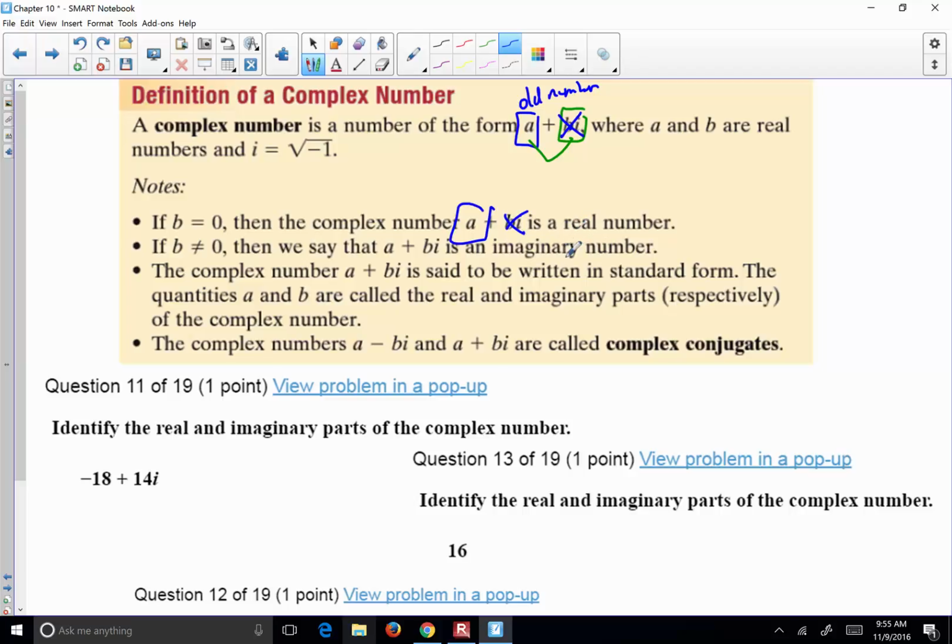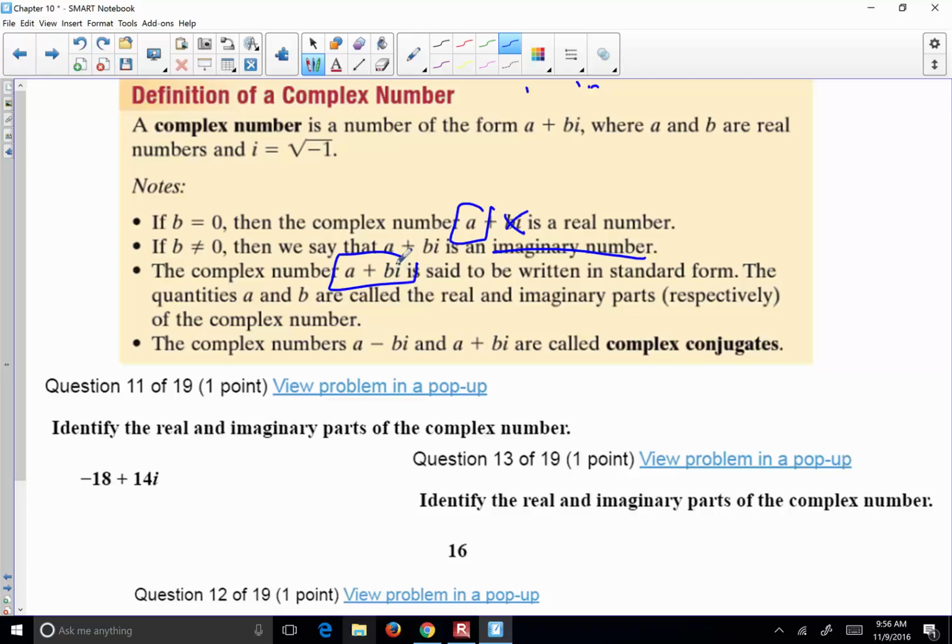All semester we've dealt with those numbers, right? However, if b is not 0, like 14i and -18, we call it an imaginary number. This is also called the standard form of complex numbers. So when a question asks for standard form, you need to put it in this form.